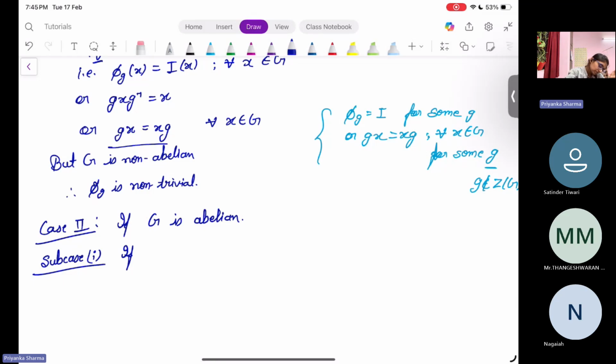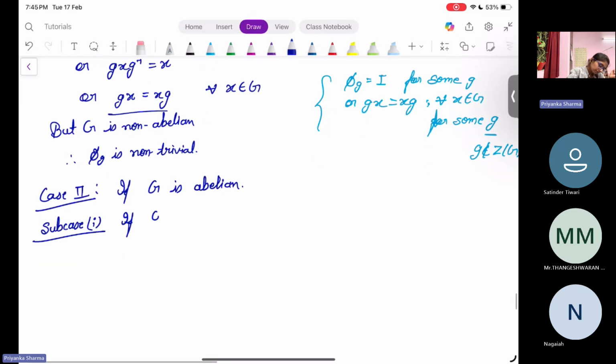Okay. So case 2 is if G has an element of order greater than 2. Till now, we have the assumption that G has more than 2 elements, at least 3 elements. But now we are considering the subcase that G has at least one element which has order more than 2. That is some element of order 3, 4, or any number greater than 4.